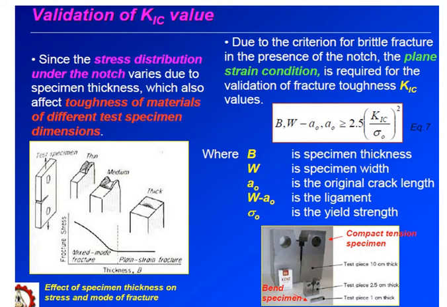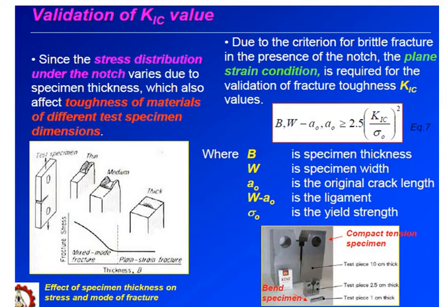The stress distribution under the notch varies due to the specimen thickness. So as thickness varies, the stress distribution will also vary, at the notch in the groove. This in turn affects the toughness also. We have come across this already in DBTT; I have said it there. A ductile material will also try to behave like a brittle material when there is a notch.